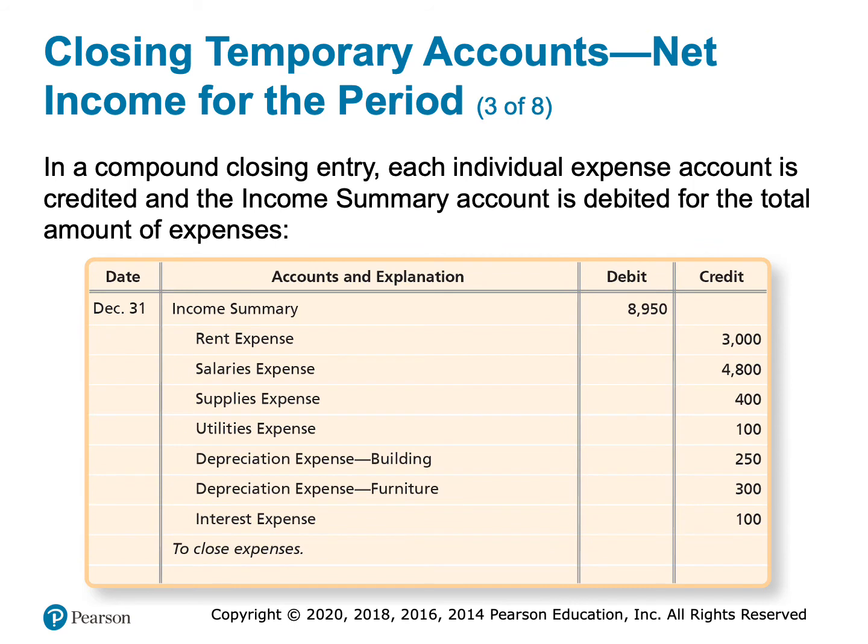So here's what that entry looks like. This is a compound entry where I have lots of credits, but as long as they total to the same amount of my debit, that's okay. So I've credited rent expense and salary expense and supplies expense and utilities expense and so on and so forth. And then I debited income summary for the total.